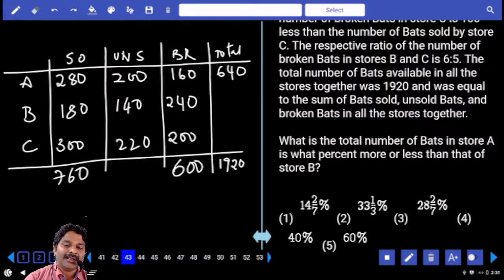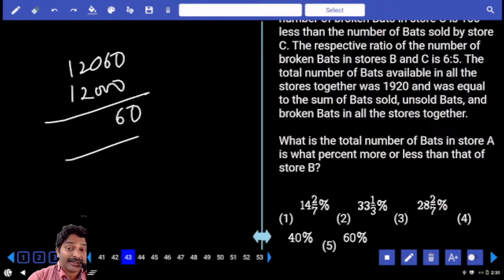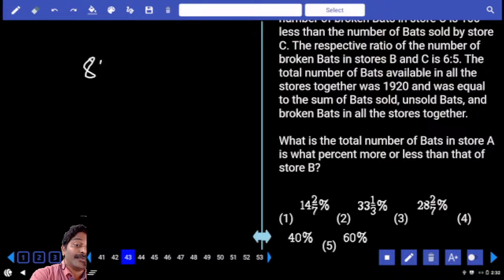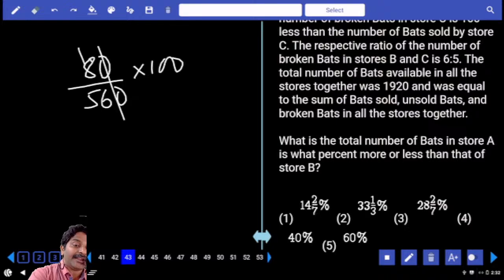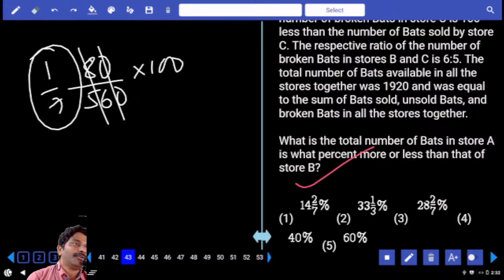Next B: hundreds places 400, tens places 160, total 560. 640, is it more than 560 or less than 560? More. How much more? 80 more. From 560, 80 is how many times? 1/7, meaning 14 2/7%.